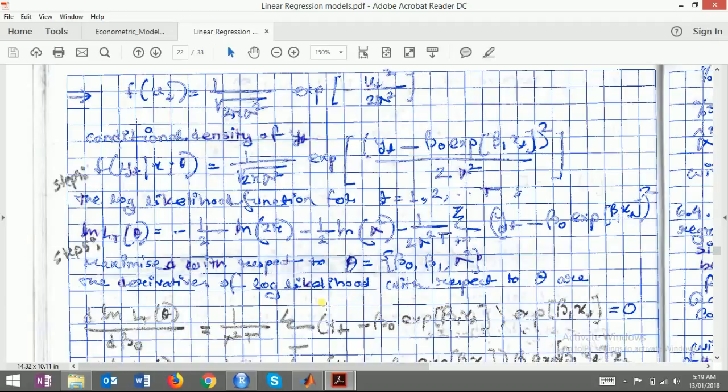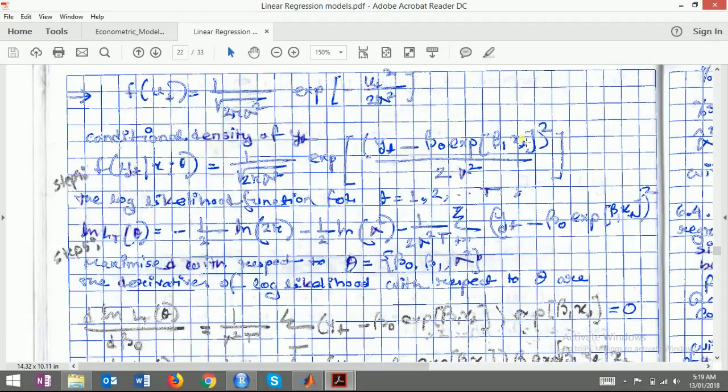So first, the conditional probability density function of the residual f(ut) is equal to 1 by root over 2 pi sigma square, exponential of minus ut square by 2 sigma square. And then because we have to go again with the variable of transformation technique, we have the conditional density function of yt equals 1 by root over 2 pi sigma square, exponential of minus (yt minus beta naught exponential of beta 1 xt) whole square by 2 sigma square.